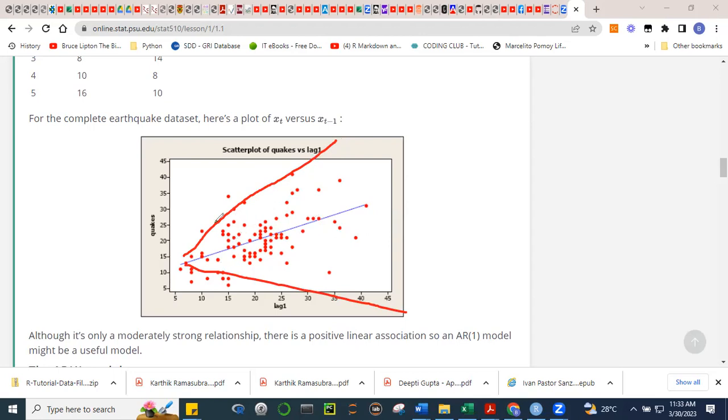So much so that the variance at this point, ito lang, no? Ito. Pero pagdating dito, the variance is quite larger now. So this indicates that this data has non-constant variance. So if it has non-constant variance, therefore the data is not stationary.